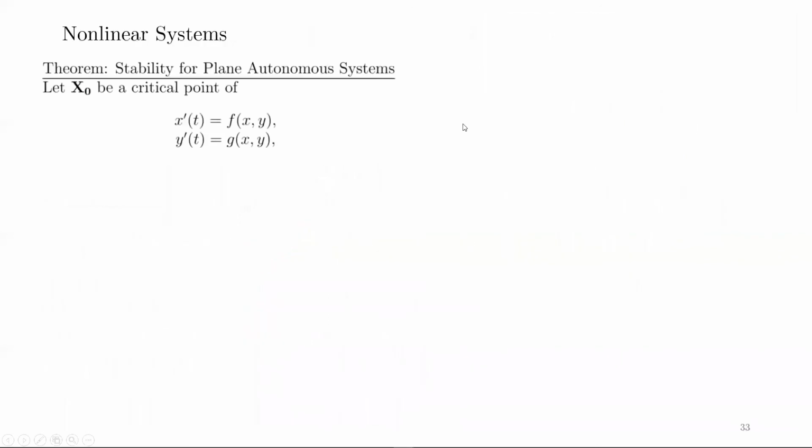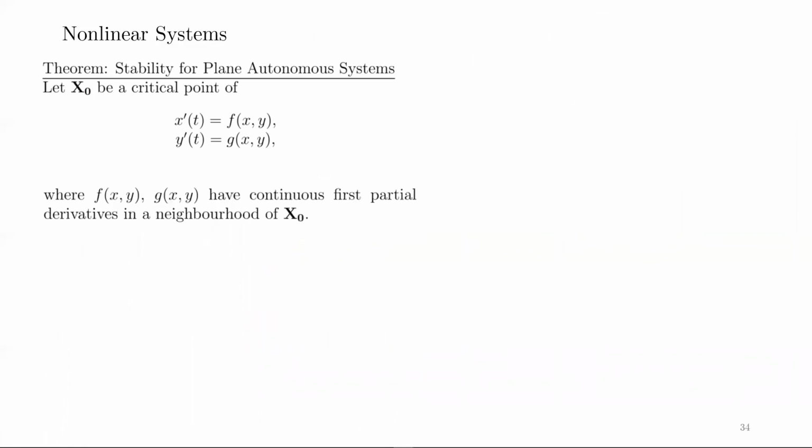So let's write down some theory about nonlinear system stability. We're going to let x naught be a critical point of this system of nonlinear autonomous differential equations. f and g have to have continuous first order partial derivatives close by the critical point, otherwise we couldn't calculate those derivatives.